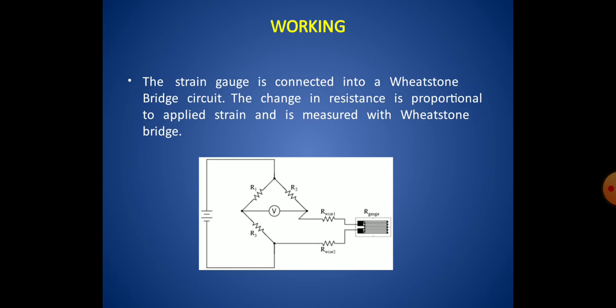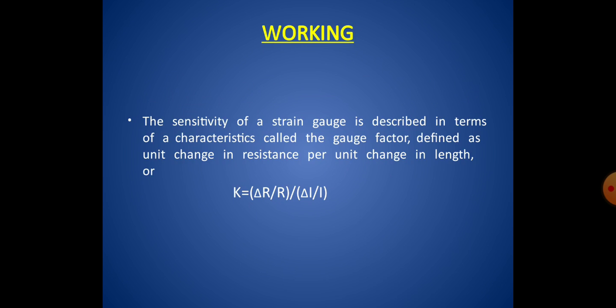Now in this figure it is a quarter bridge strain gauge. Change in resistance is proportional to the applied strain and is measured with the Wheatstone bridge. This is the working principle of the strain gauge.